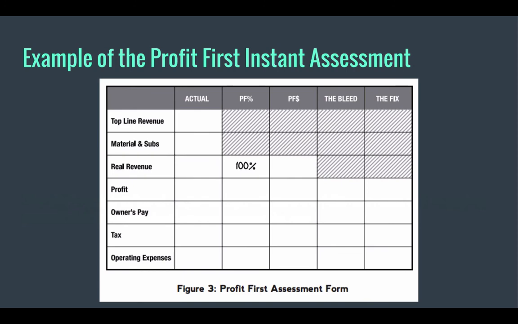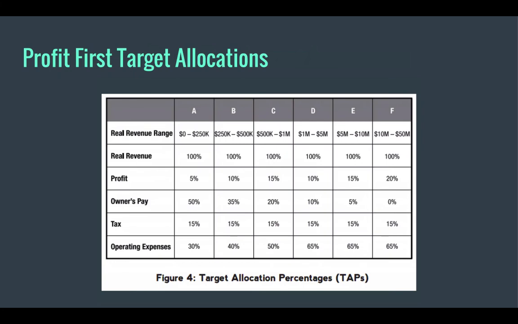This is just an example of the instant assessment that he has everyone do in the first couple chapters of his book. So this is kind of how he sets up creating your profit categories and how to do your percentages. And this is the target allocation, so the percentages that you can set up for your business based on your real revenue.